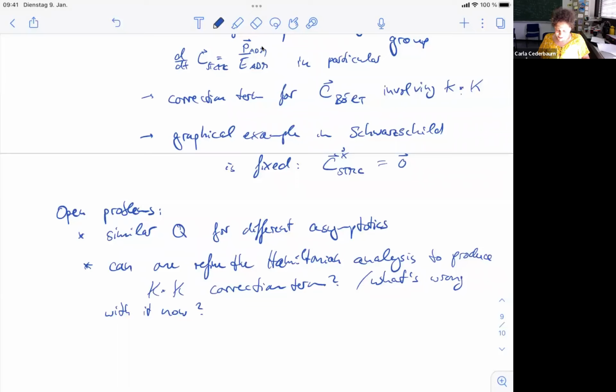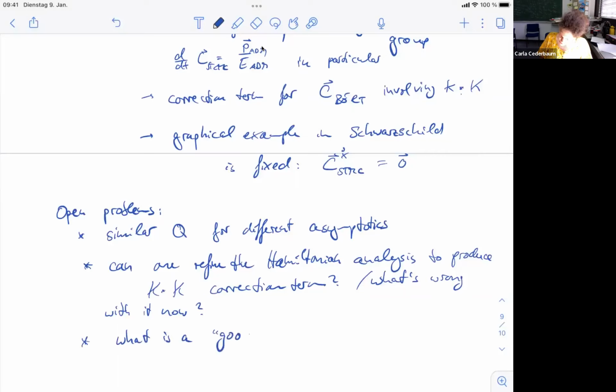And then one problem that we're working on that I just wanted to mention is, I told you that in some charts things converge, and then you can construct this funny chart in which they always then have to diverge. Is there an a priori criterion of what is a good chart? Yeah, what is a good chart?